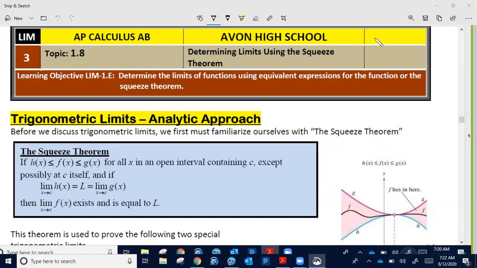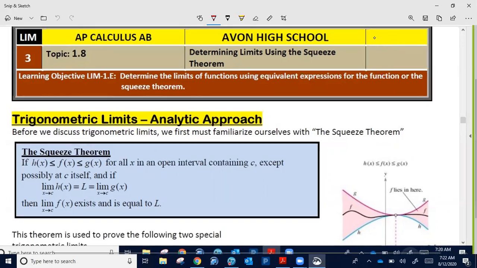What the squeeze theorem basically says is if you have three functions, and we know one function, like h of x, is always going to be on bottom. So this h function is always small, underneath, less than. And then you have an f function that's always going to be in the middle, as you can see on this right-hand side, this black line, always in the middle.